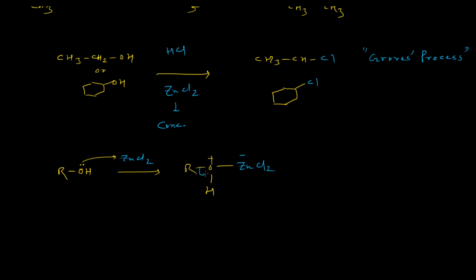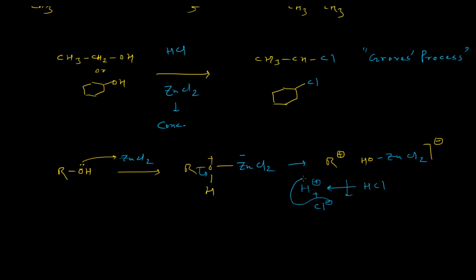And then this carbon oxygen bond will break, and it will produce the carbocation along with this particular species, where zinc will be negatively charged. And then in the next step, the HCl will release H plus as well as Cl minus.